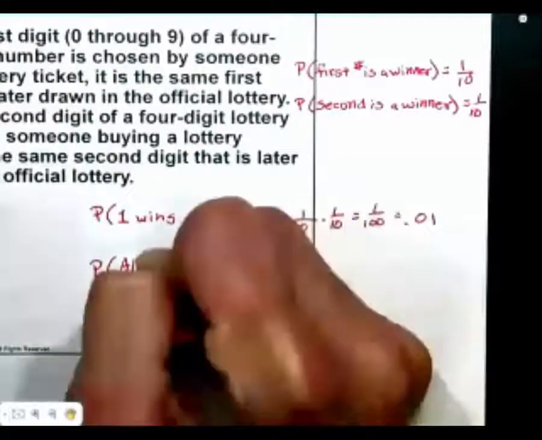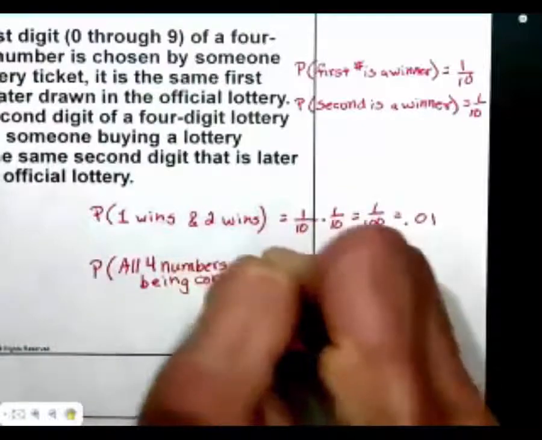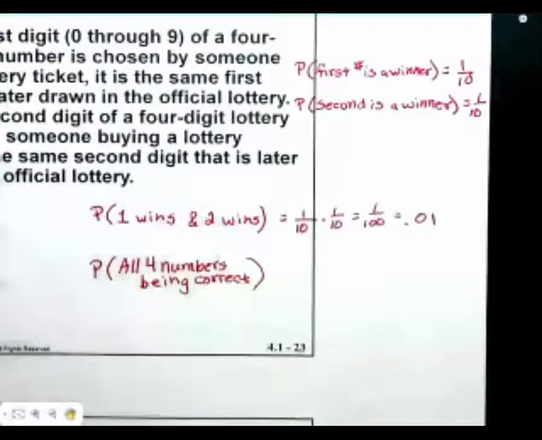being correct or being the winning number. How would you get that?